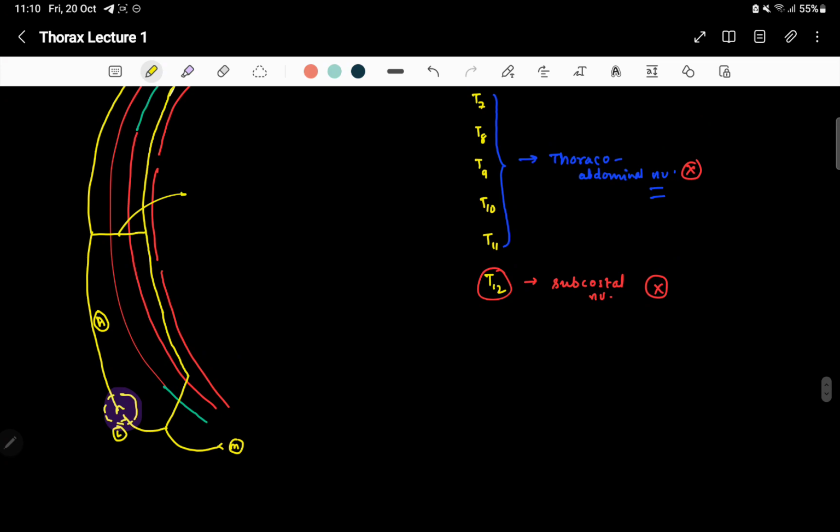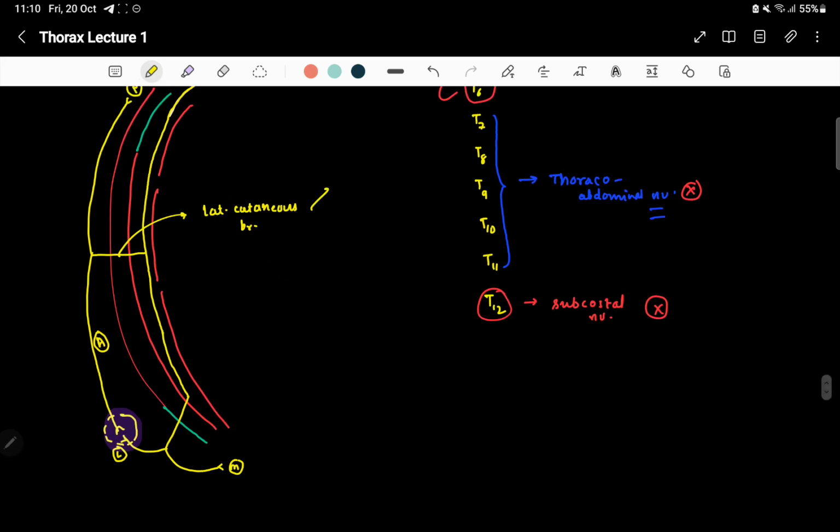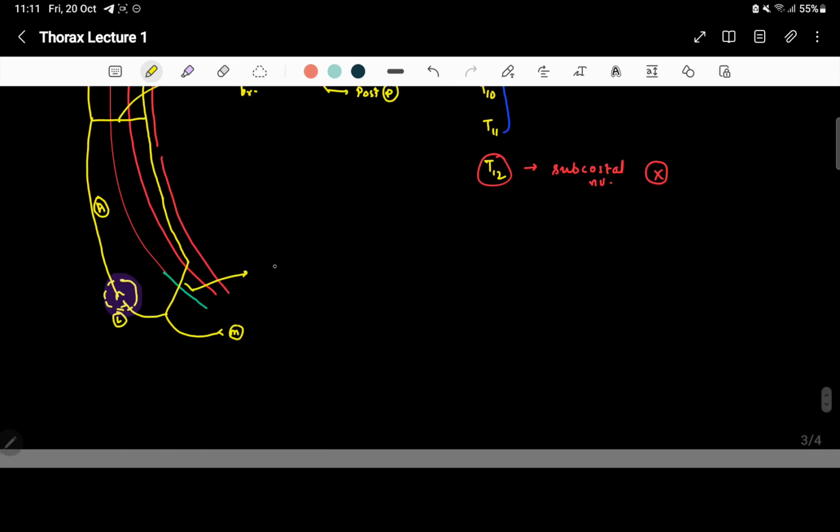This branch is called a lateral cutaneous branch, which divides into an anterior branch and a posterior branch marked with A and P. And this branch is your anterior cutaneous branch, which divides into your lateral branch marked with L and your medial branch marked with M. Understood?